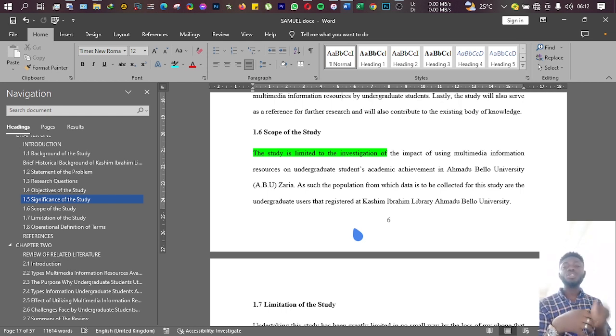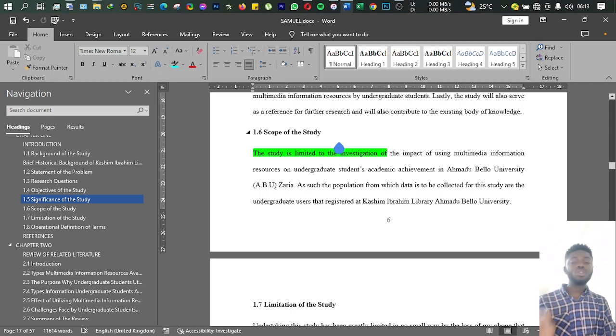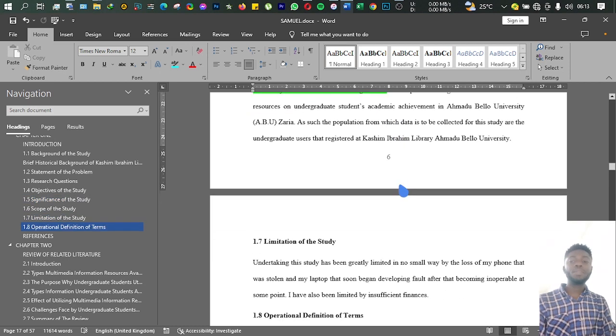So we need to know clearly where your scope is. If you are studying something in Ahmadu Bello University, let us know it is in Ahmadu Bello University. If you are studying something in Bingham University, let us also know that it is in Bingham University. Uni Abuja, whatever university you are in, let us know that under the scope of the study. Right? So it should be as concise as possible.